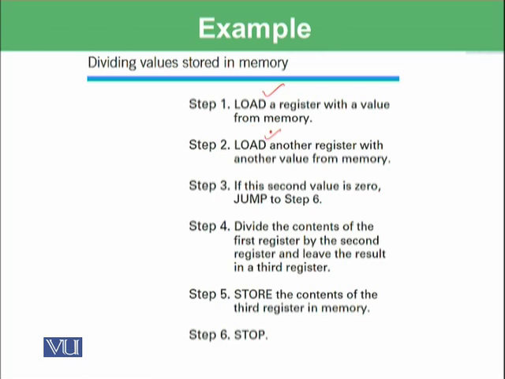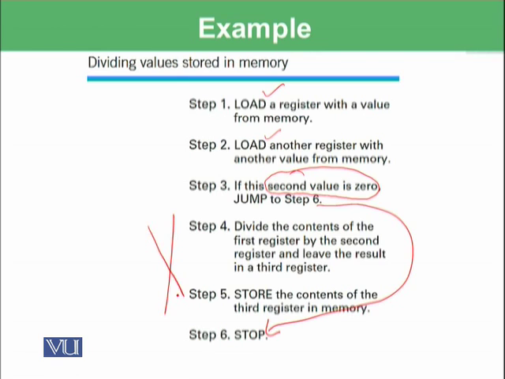Now if we want to divide one number by the second number, we need to check that second number. If that second number is 0, then we should go to step number 6, which is stop. This means if the second value is 0, we do not need to perform step number 4 and step number 5. Such an instruction is known as a control instruction, or more specifically a jump instruction.